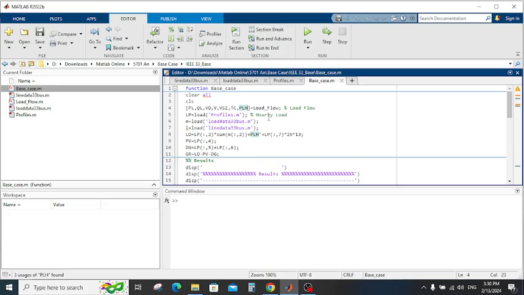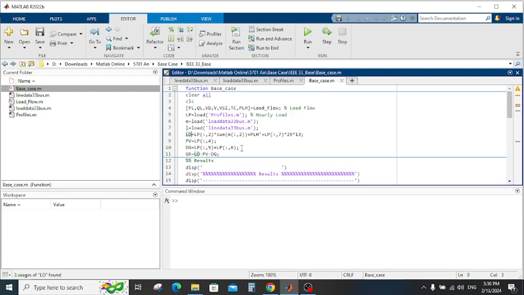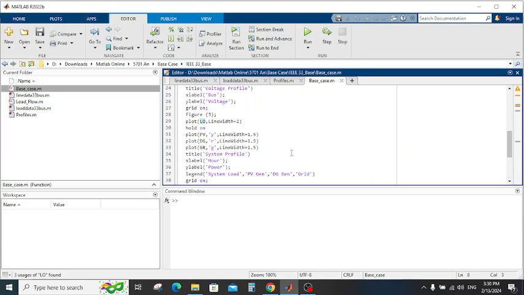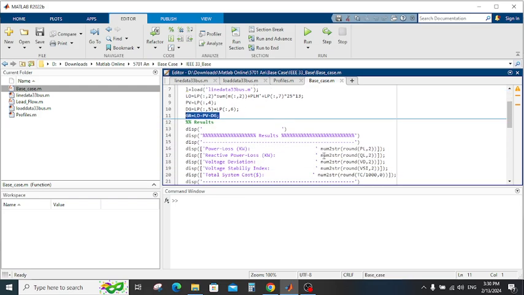And after that we extract the load profile, the load data, line data, and we calculated the total load, the PV, and the distributed generator, and then we calculated the generation from the grid.